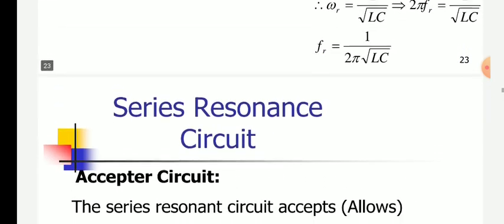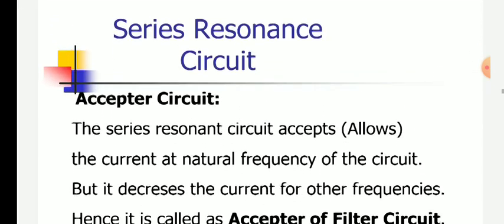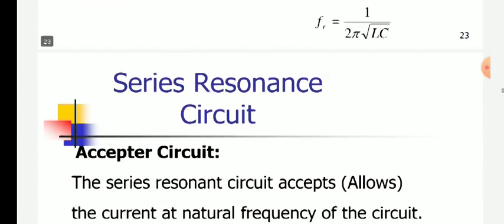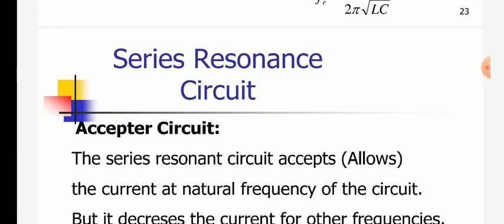This series resonant circuit is called an acceptor circuit because at resonance the impedance is minimum and that is equal to R. Hence, the maximum current is flowing through the circuit at resonance. Hence, it is called an acceptor circuit. That means it accepts current at resonant frequency.